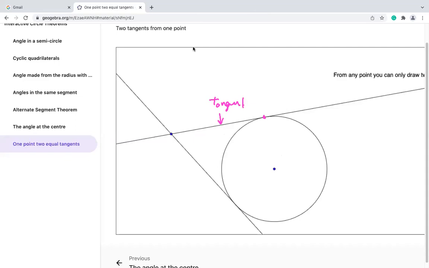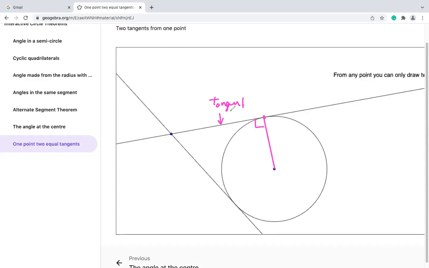The first property that you have to understand, which is very important, is when you have a radius and you join the point of contact with the tangent. When you join the point of contact with this tangent, you will notice that the angle you get here is always a right angle.